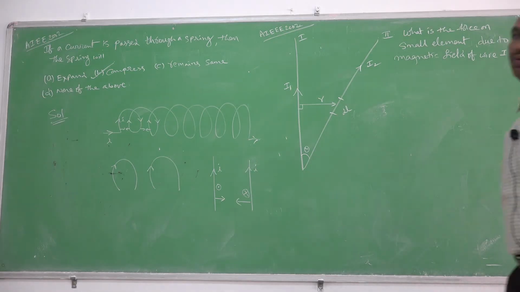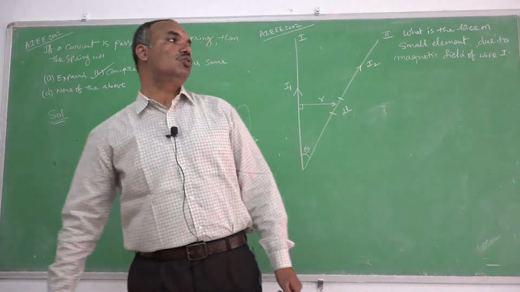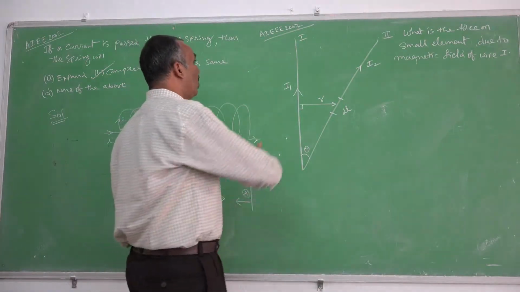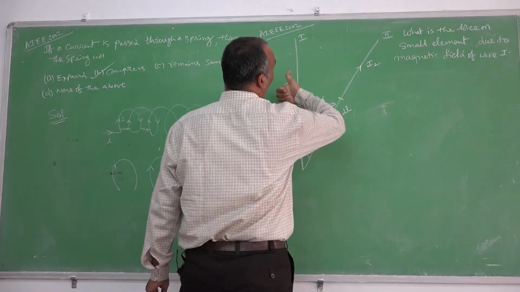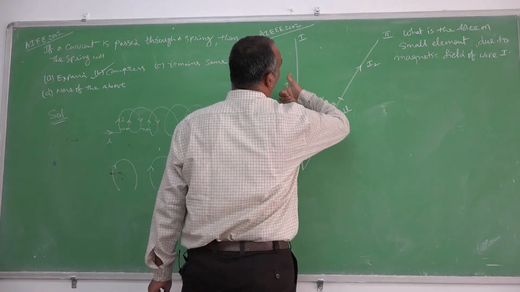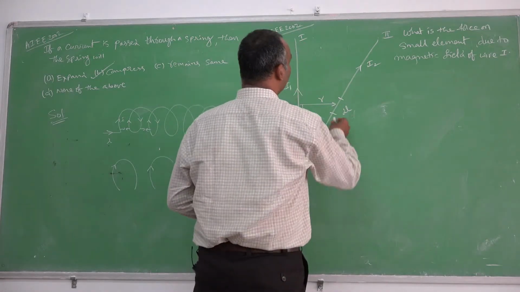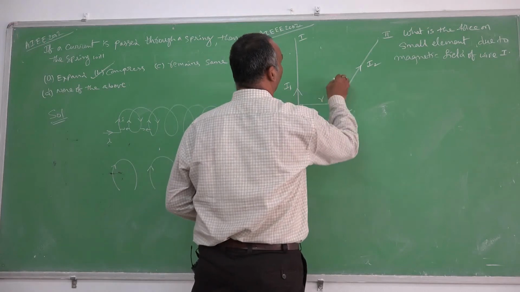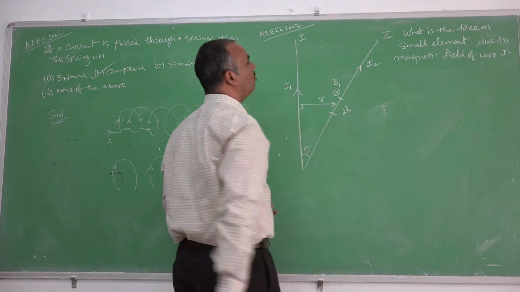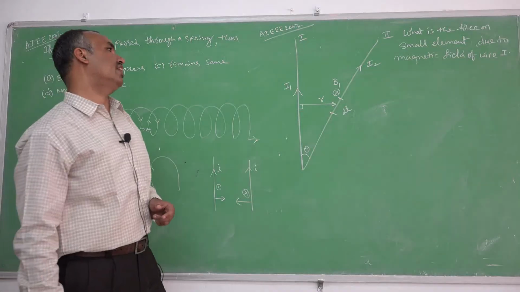First let me tell you what the magnetic field due to wire 1 is. In wire 1, current is going upwards. As per the right hand thumb rule, the magnetic field is into the paper here. This is the field generated because of the current passing in the first conductor.